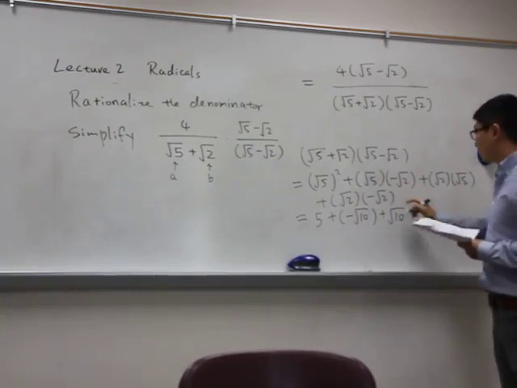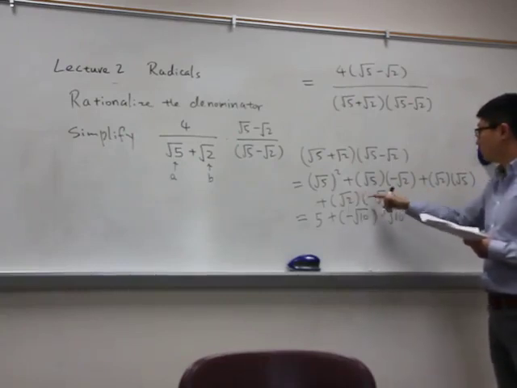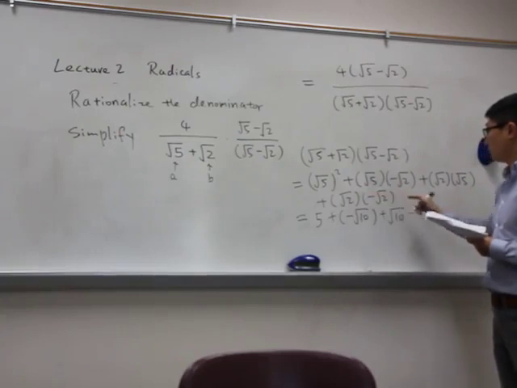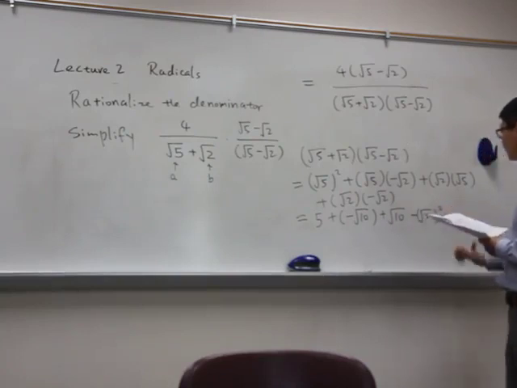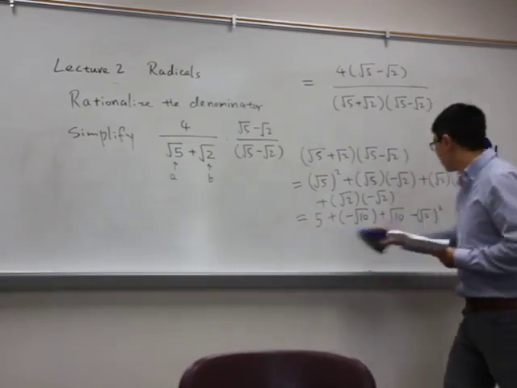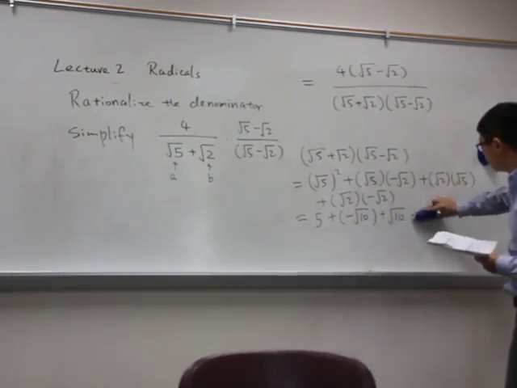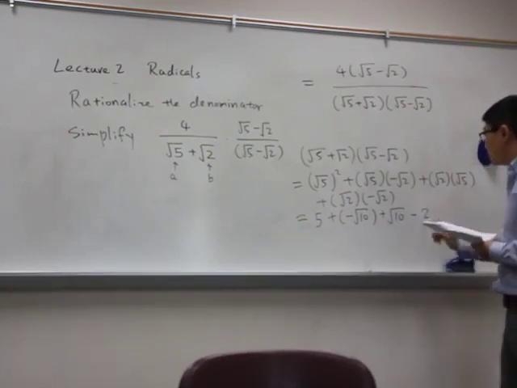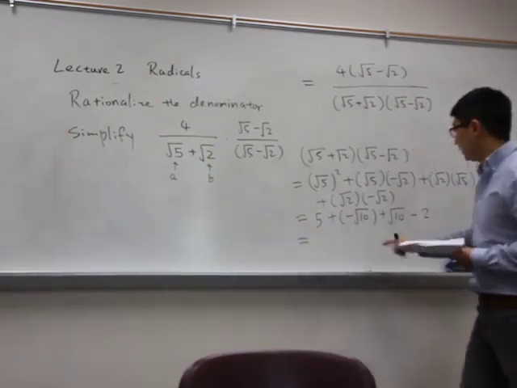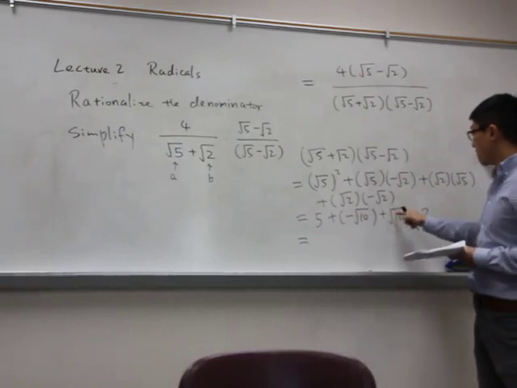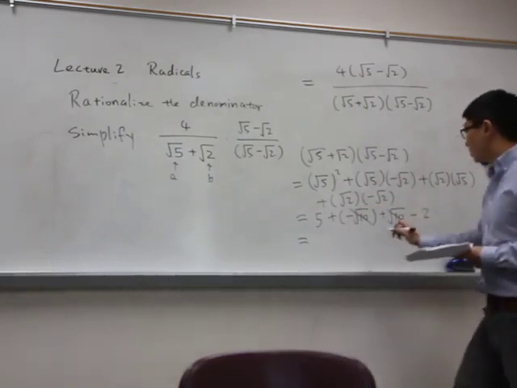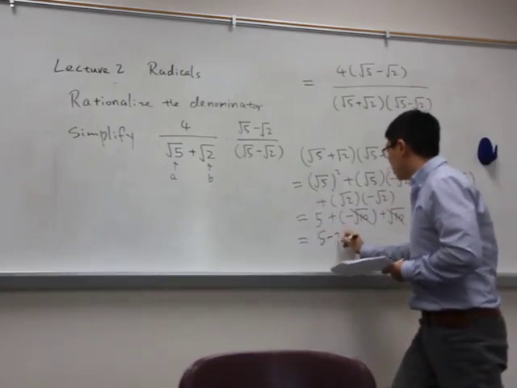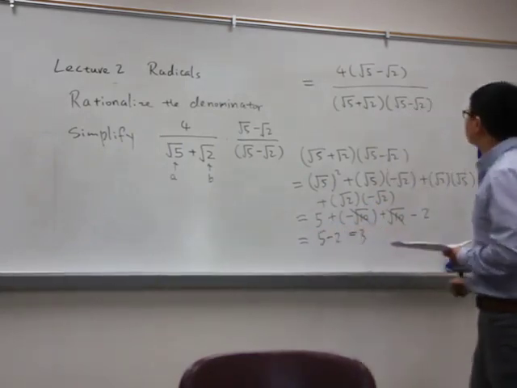And the square root of 2 multiplied by negative the square root of 2, we have a negative square root of 2 squared, which is 2. And now the negative square root of 10 and positive square root of 10 cancel. So the result is 5 minus 2, which is 3.